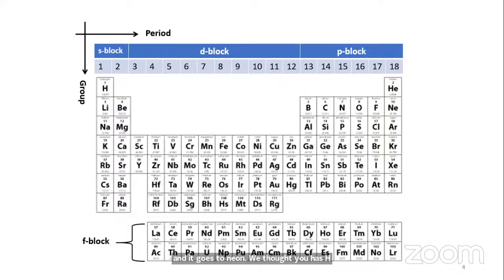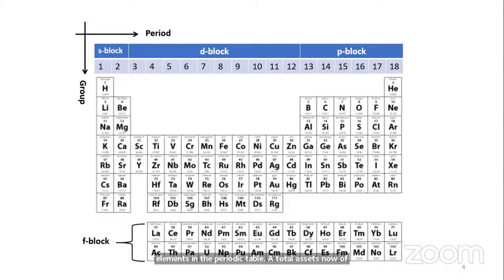It starts from sodium and goes to argon. The fourth row has 18 elements from potassium to krypton. The fifth row, from rubidium to xenon, also has 18 elements. The sixth row has 32 elements. The seventh row also has 32 elements. So these are the elements in the periodic table, a total as of now of 118.